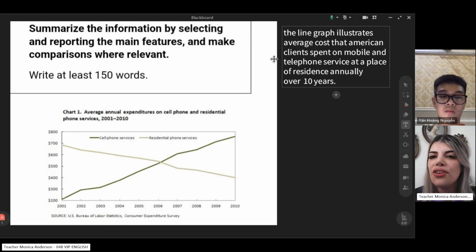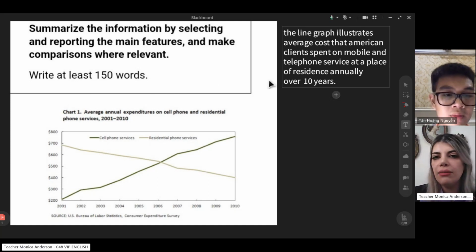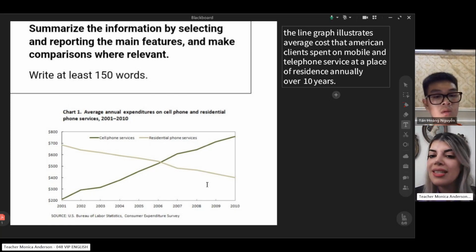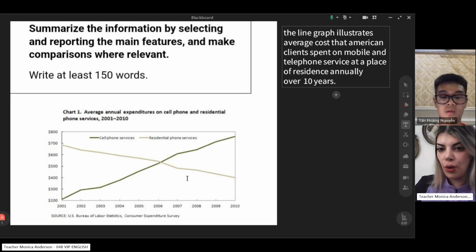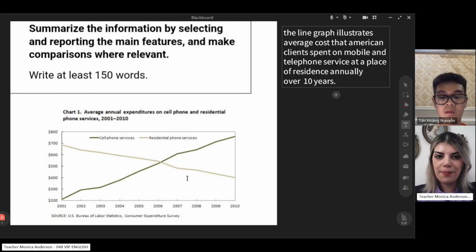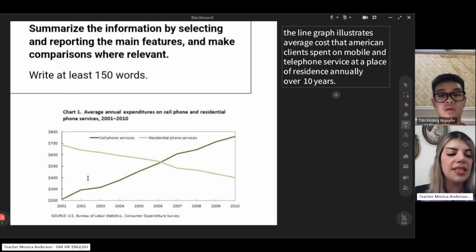Telephone service at a place of residence. There are synonyms. Annually, over 10 years from 2001 to 2010. So this is 10 years, not 1 year. Get it? Yes. Okay, so this is my first paragraph.